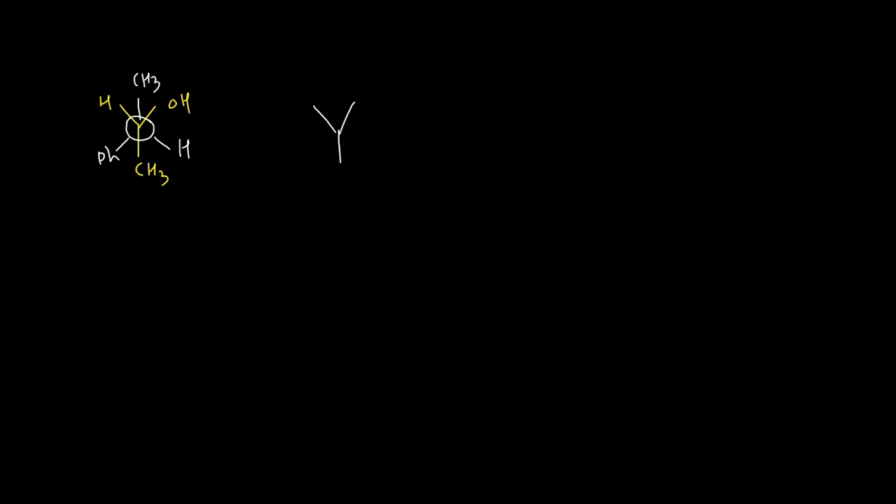My front carbon actually is with this color, so I am writing in that manner. So this is my CH3, this is my H, this is my OH, and this will go down, and then I have my rear positions. This is my CH3 here, and this is my hydrogen, and this is my Ph. See, this was your Newman projection, this is your Sawhorse projection. This CH3, this is CH3, this is the hydrogen, this is the hydrogen, and this is the Ph, this is the Ph. And don't forget, you are viewing your molecule from this particular direction.